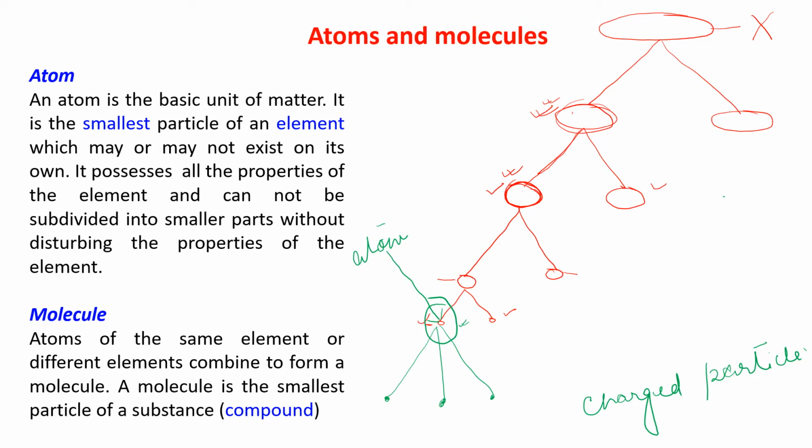These are also known as fundamental particles, and they are the charged particles. Okay, so this smallest part is known as atom, which possesses all the properties of the element X, and it may or may not exist independently.